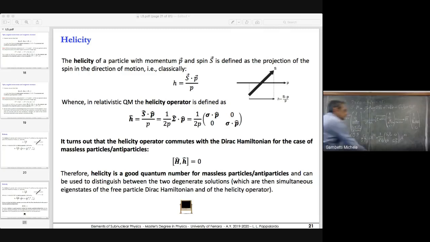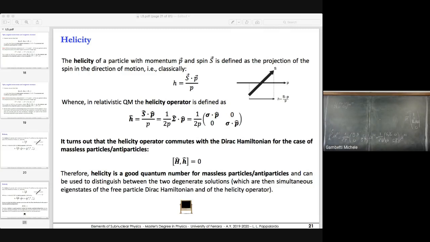Now let me continue here. So we can simplify the momentum here. So this is simply 1/2 sigma 3, 0, 0, sigma 3, acting on U1.